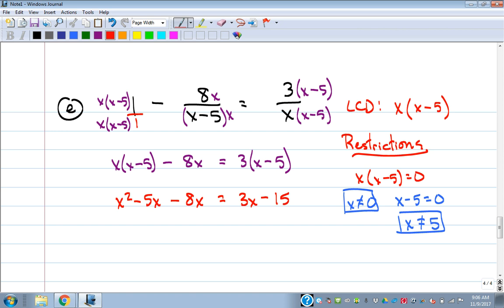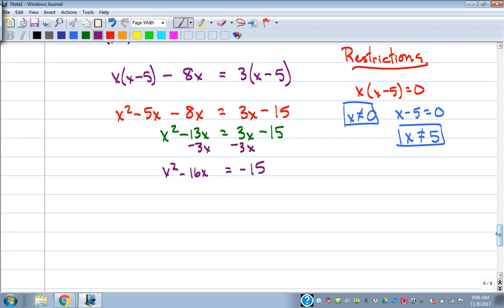So move everything together that's going to get 0 on one side or the other. It doesn't matter which side. I'm going to go ahead and simplify the left side and get x squared minus 13x, and then move my stuff, minus 3x. So that'd be x squared minus 16x equals negative 15. And then move the 15, addition.